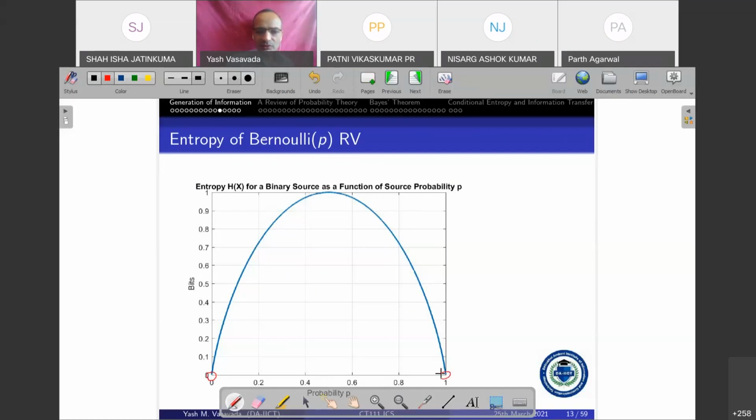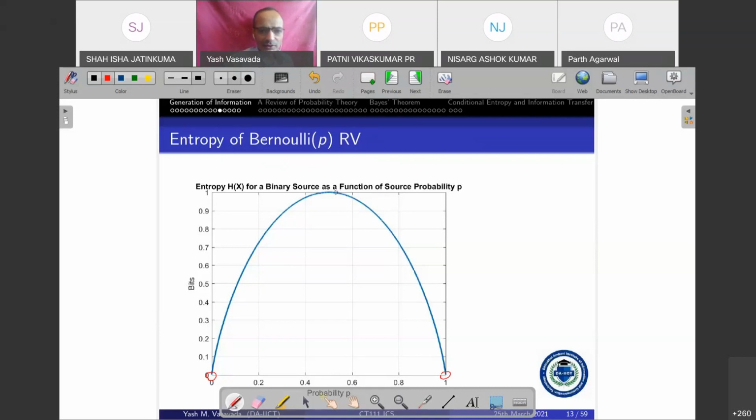So if either Q is equal to 1 or Q is equal to 0, which means that the source is completely deterministic, with no randomness associated with the source, then the entropy becomes 0, meaning that such a source has no ability to generate information. And that makes sense, right? I mean, someone gave an example of the sun rising tomorrow. Probability of that happening for the foreseeable future is 1. And so that does not correspond to an informative event.